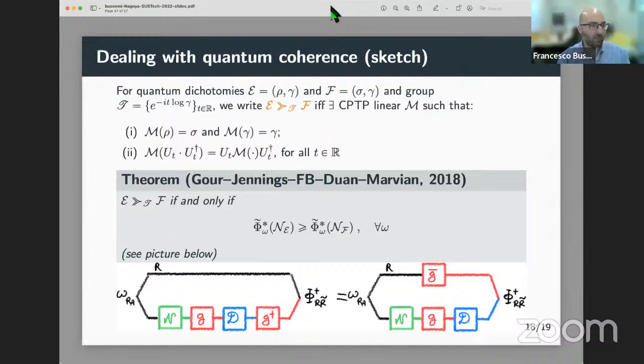Could be. Well, I have a paper with Marco in which we consider quantum dichotomies. He did not consider dichotomies, but by using this kind of marginalization, he derived a kind of second order analysis.